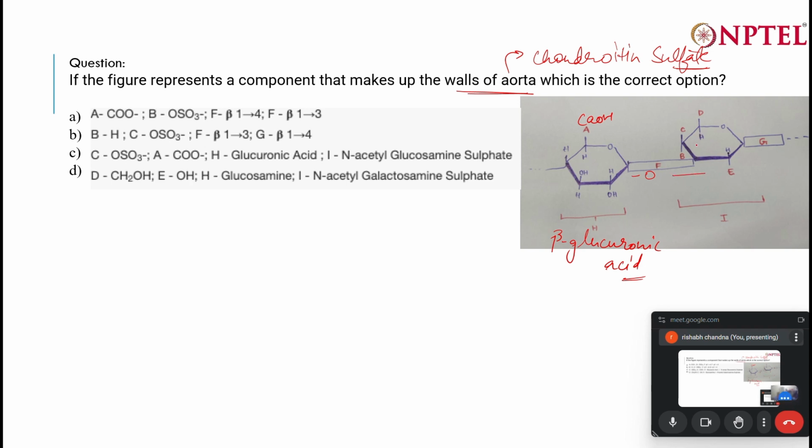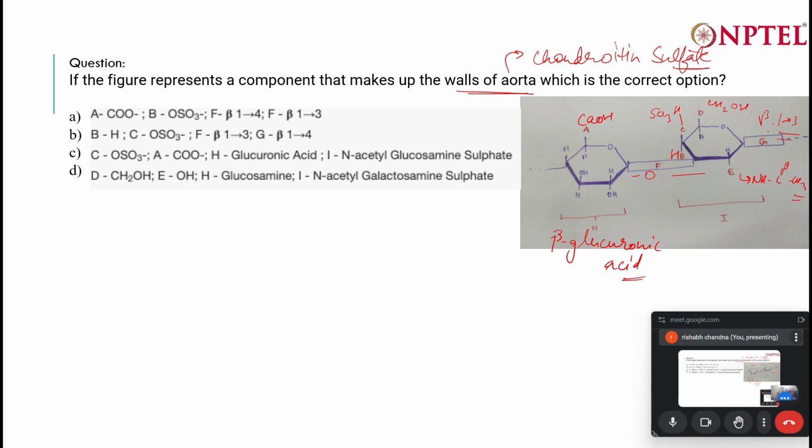Then B turns out to be H, C turns out to be SO3H, then D turns out to be CH2OH, E turns out to be NH, C double bond CH3, and this linkage will also be beta 1,3.